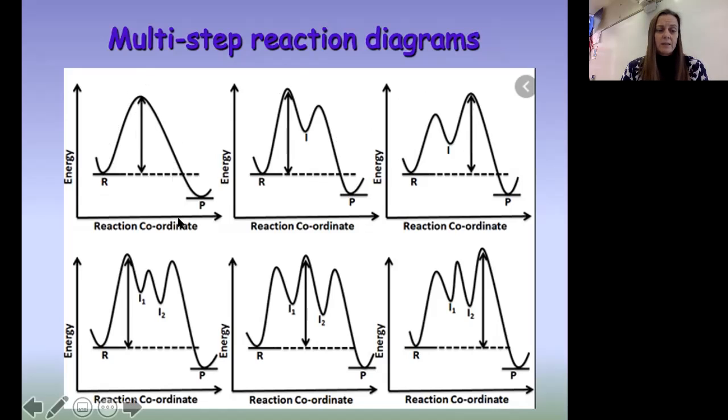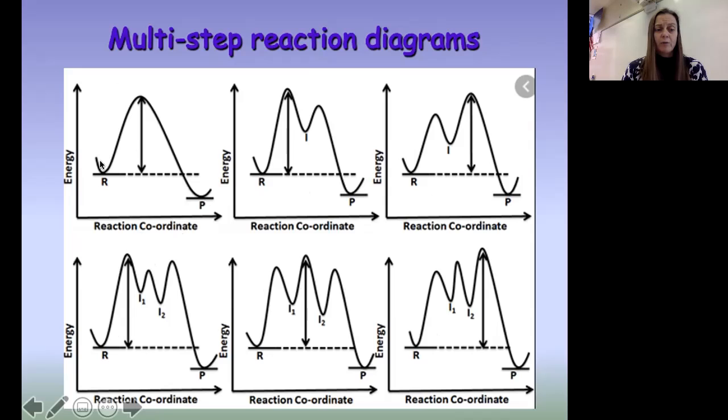And so we can see that we have lots of different processes that can give us the same activation energy. In the same way, all three of these could also be represented by this reaction coordinate diagram. So this would be the overall reaction. These might be different mechanisms for that multi-step reaction.